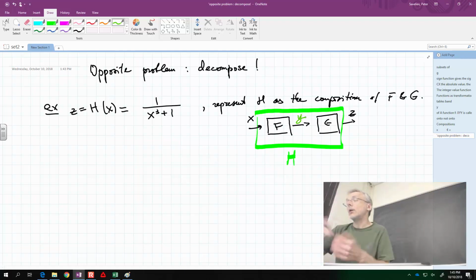You could go straight to algebra, or you can think about it for a moment. How would you, can you see a two-step procedure for computing this function? Without algebra, without anything. 1 over x cubed plus 1. How about I delete plus 1?